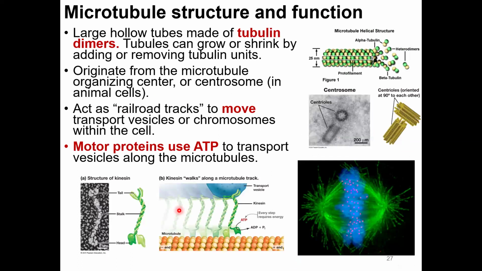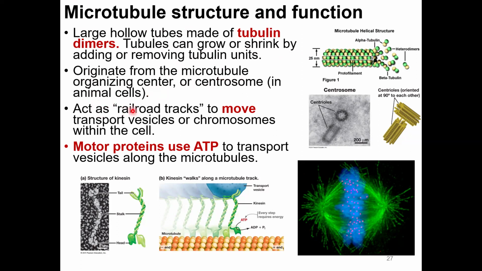Now with microtubules, what we see is that there are large hollow tubes made of tubulin dimers like this, where tubules can grow and shrink by adding and removing certain tubulin units, and originate from the microtubule organizing center or centrosome in animal cells.